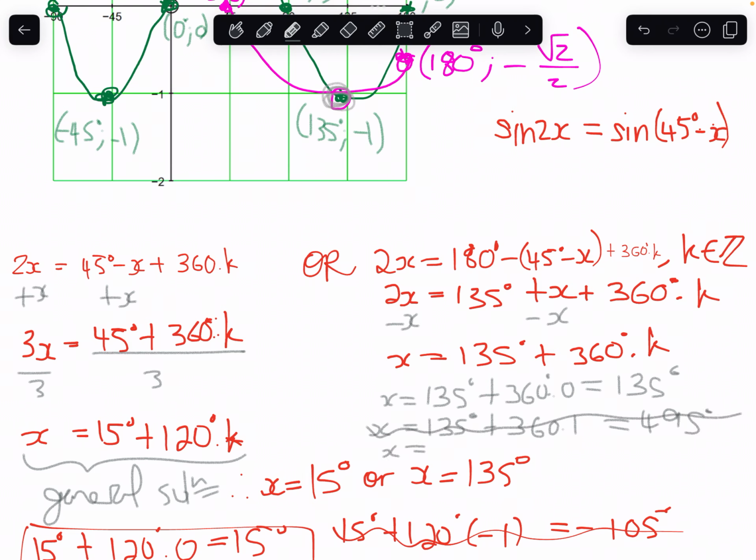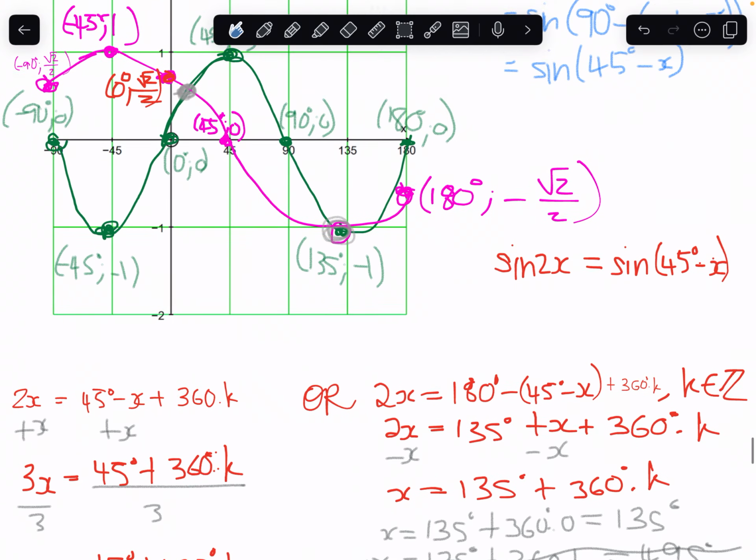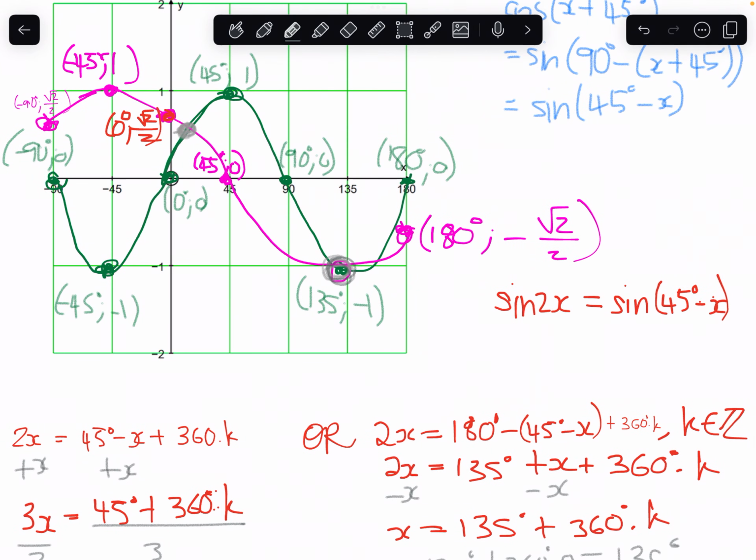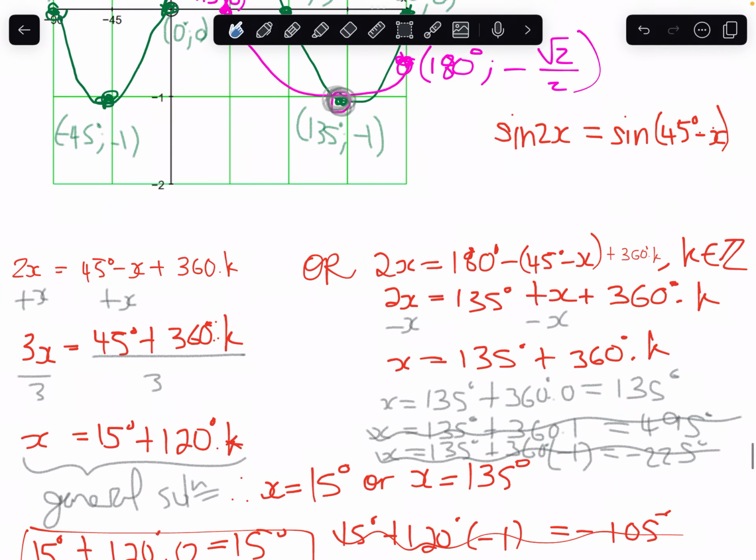Or we can look at x is 135 degrees plus 360 times minus 1, which is 135 minus 360, and that is going to be too small. It's minus 225, and that is smaller than minus 90. So our two solutions occur when x is equal to 15 or x is equal to 135. And we already have the 135 solution. Okay, so here we're getting a 15. Okay, and we need to figure out what the y coordinate is. And we can do that shortly when I've done a bit of cleaning up.